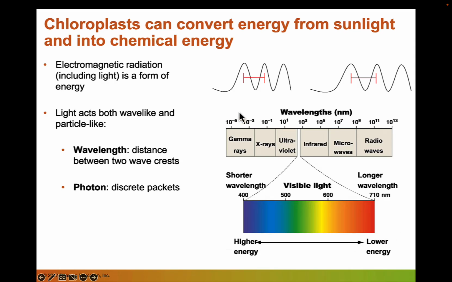Okay, so that's some of the properties of light, light acts like a wave. To emphasize the particle nature of light, physicists also point out that light exists as discrete packets called photons. And pigments can absorb some of the energy from photons, but how?